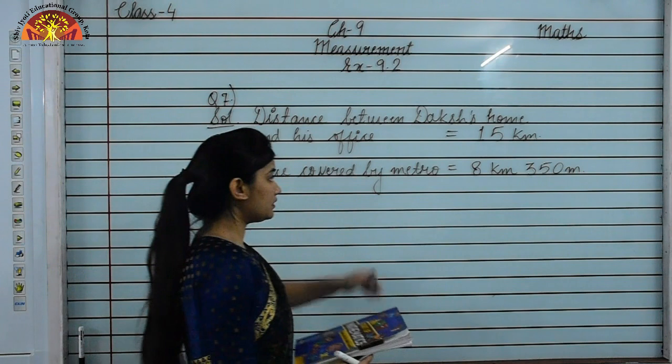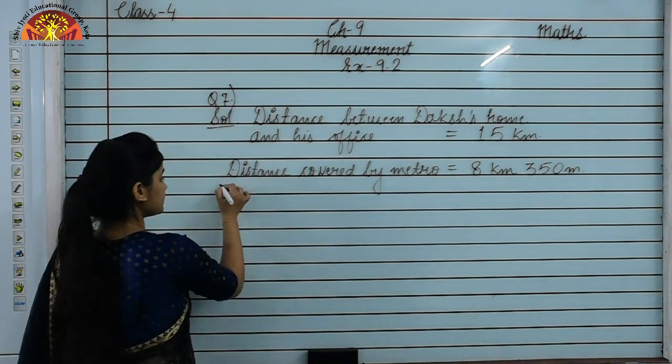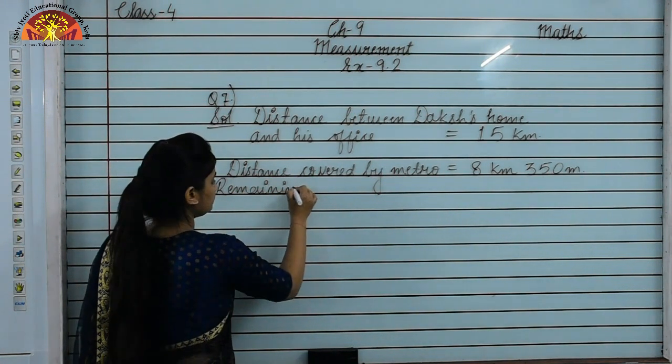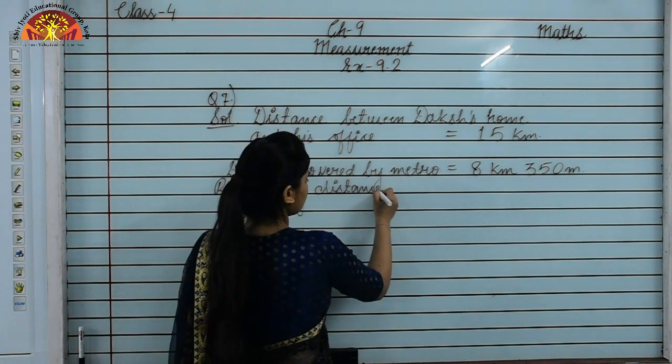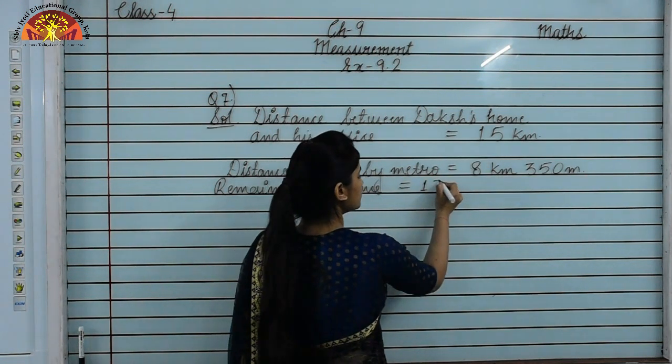Okay, इतना डिस्टेंस वो किससे कवर करता है, मेट्रो से कवर करता है. Now we have to find the remaining distance. The remaining distance is... now we have to subtract this number from 15 kilometer.